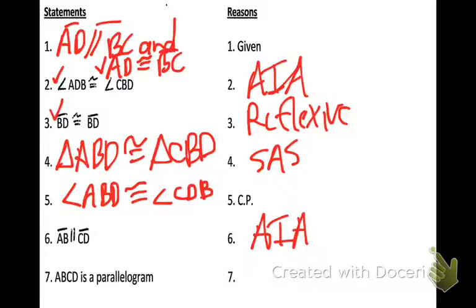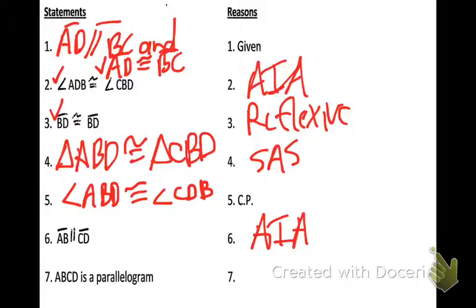How do we know that? We've shown a second pair of sides is parallel. So how do we know it's a parallelogram? There's 4 ways. The opposite sides are parallel. The opposite sides are congruent. The opposite angles are congruent.